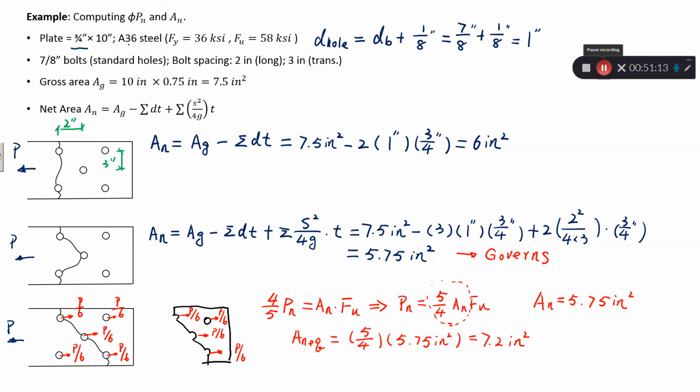So A36 means the yield stress is 36, and its ultimate stress is 58.